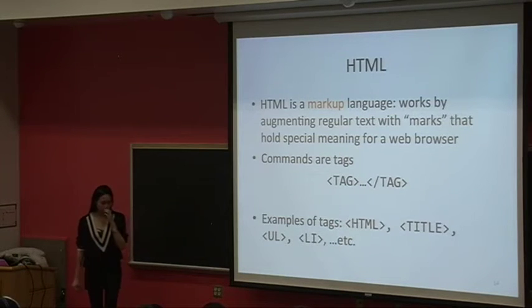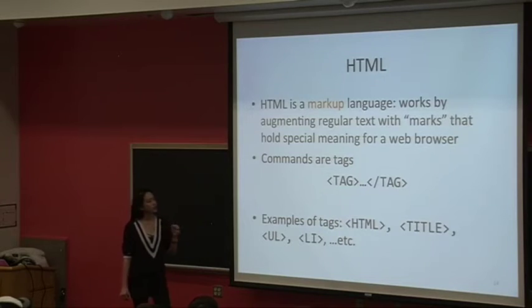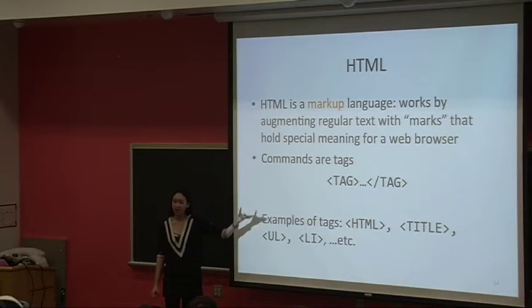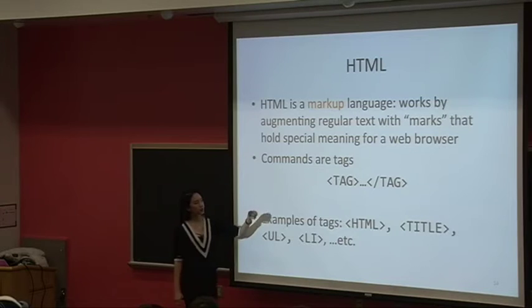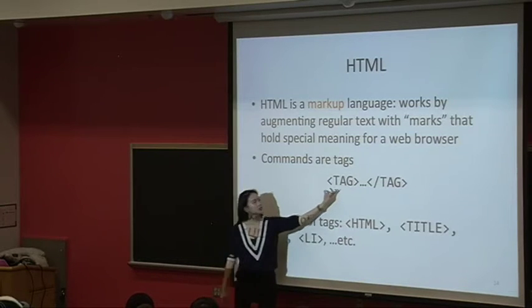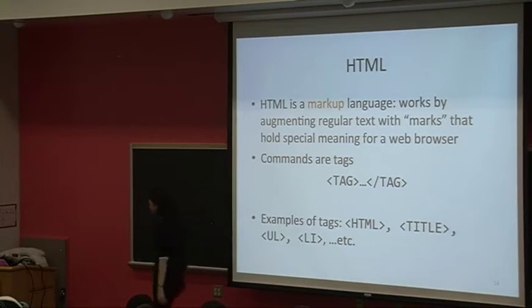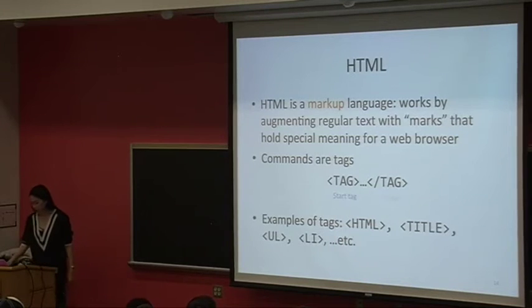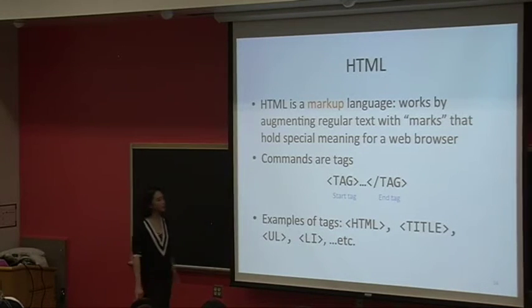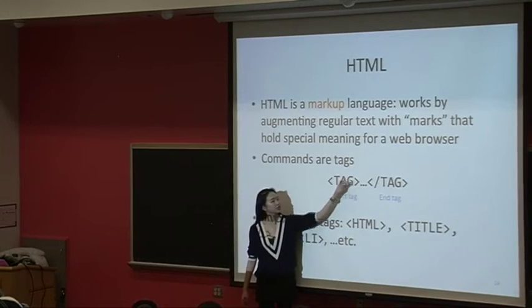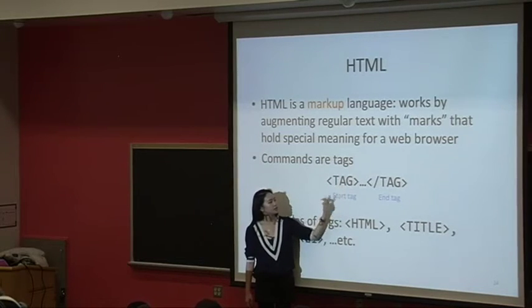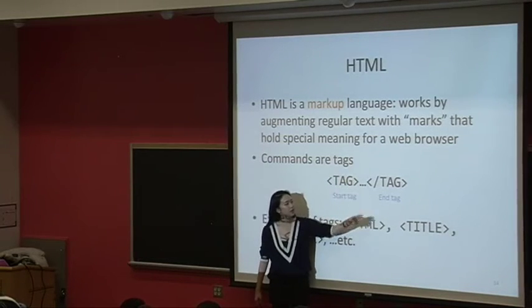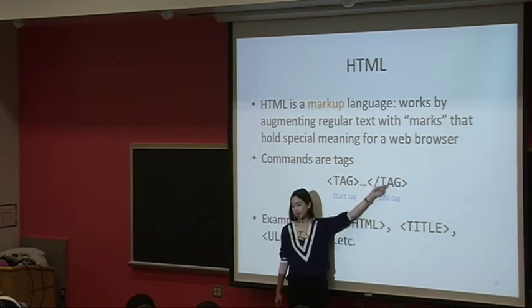So the basic format of HTML, you always have tags. Everything is in tags. We have what we call the start tag and end tag, with different kinds of elements in there, right? We start it and put contents in there, and then we end the tag with a slash and the same name.